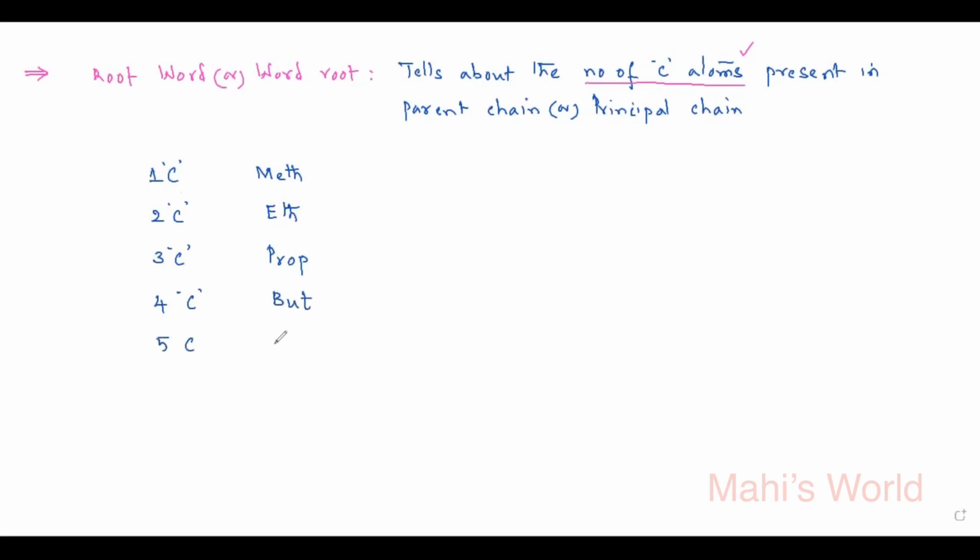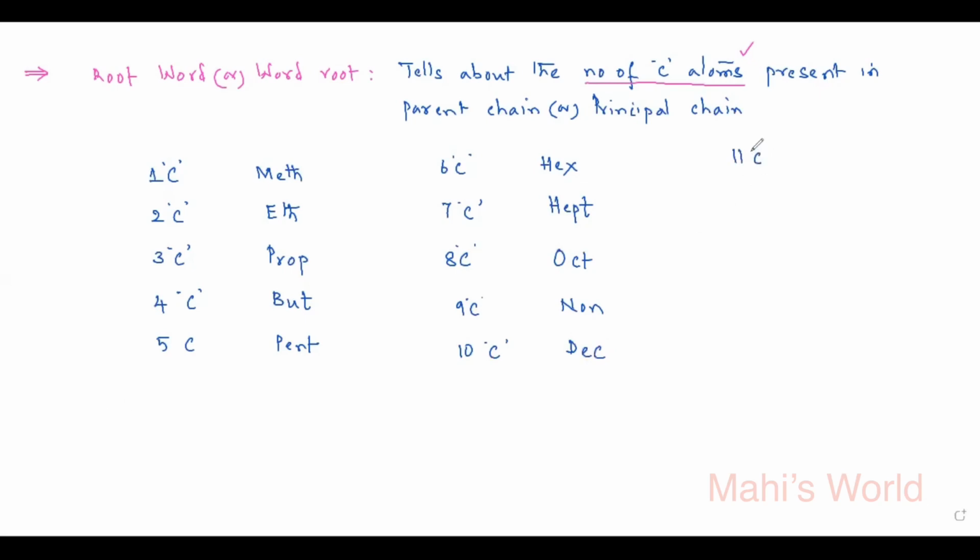Five carbons, it is pent. Then coming to six carbons, it is hex. Seven carbons, it is hept. Eight carbons, it is oct. Then coming to nine carbons, it is non. Then ten carbons, it is dec.